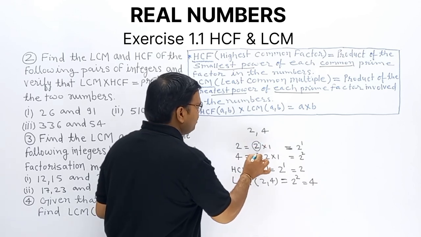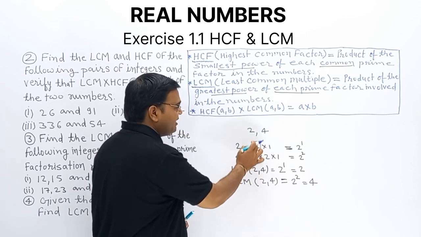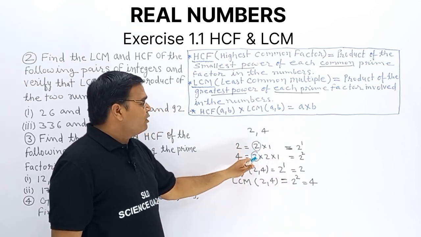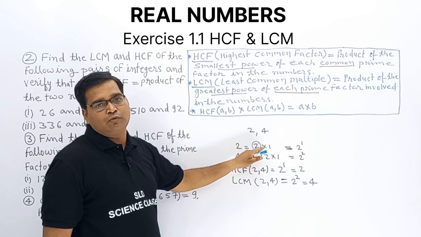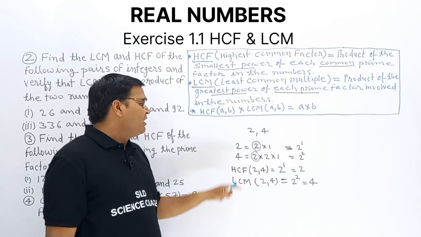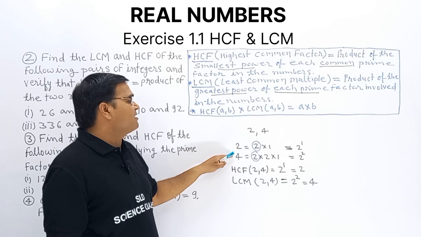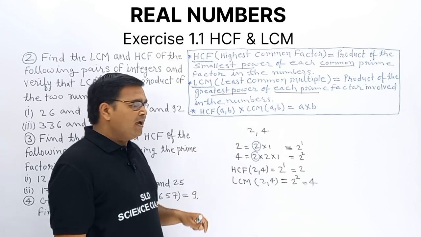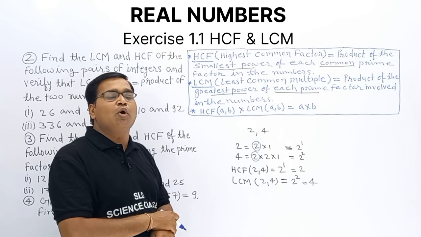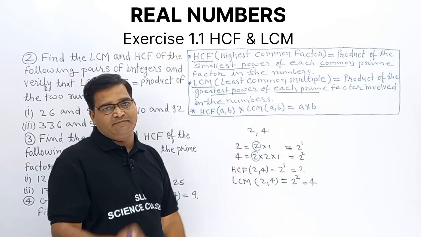There is a 2 here, but there is not a 2 there, so we cannot take that one. So if two numbers have factors common to both, then we will use the common one.